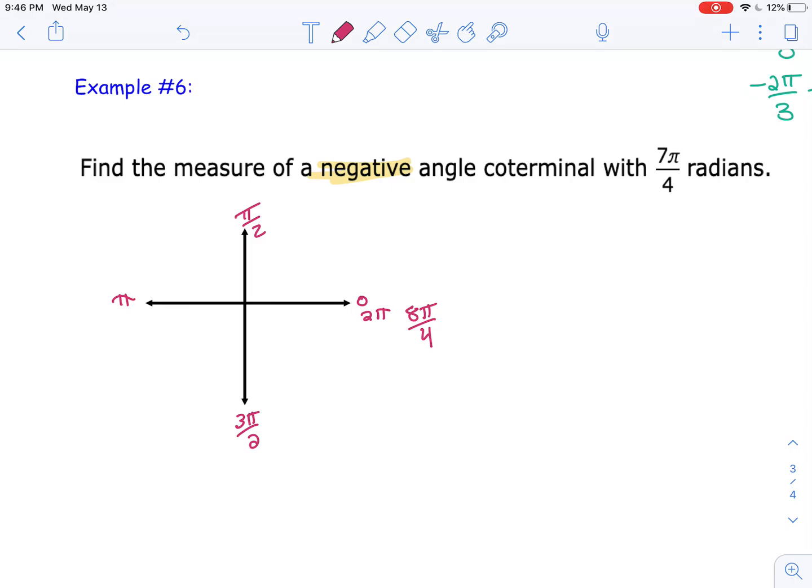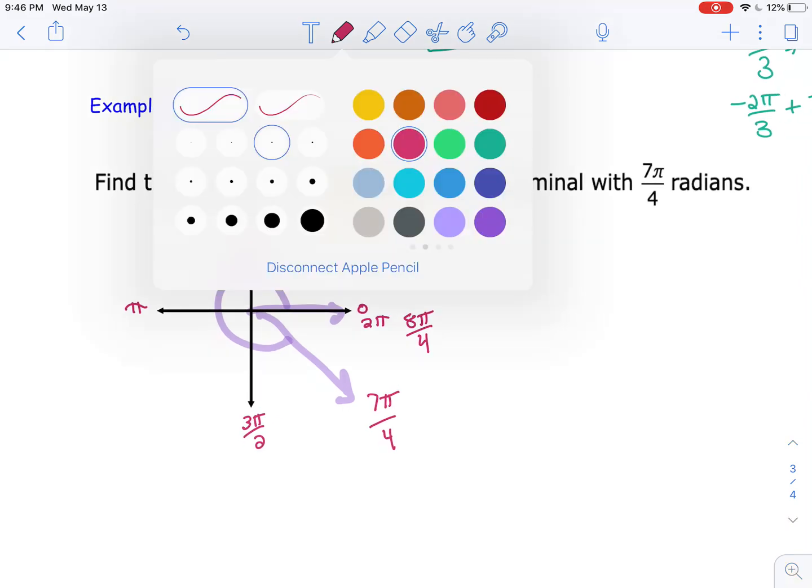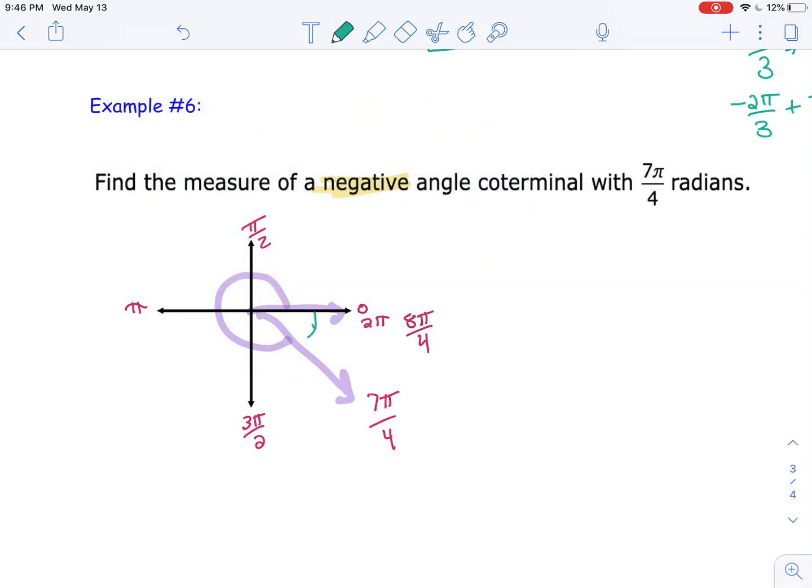So 7 pi over 4 is smaller than that, so we're going to start with our initial side, open in the positive direction, and end in the fourth quadrant. So we're going to have 7 pi over 4. So I need to find and measure a negative coterminal angle. The negative angle is going to be this angle here going in the negative direction.